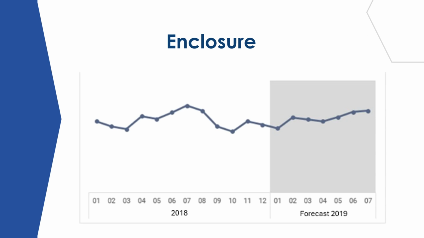So the next principle is the principle of enclosure, and enclosure means grouping a lot of smaller objects together to demonstrate that they are a part of a whole. This is what you can see in this example, where we introduce the background color to group the forecast data, and the actual data is visualized without the background color.